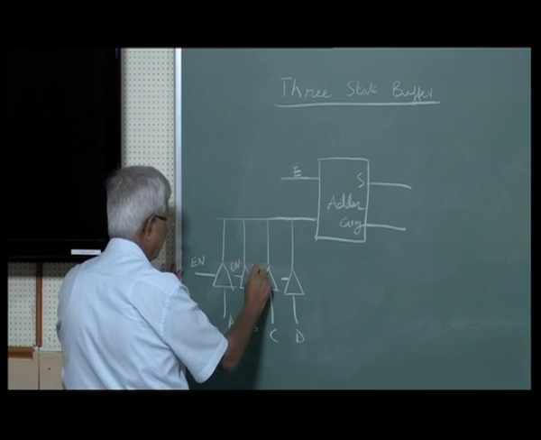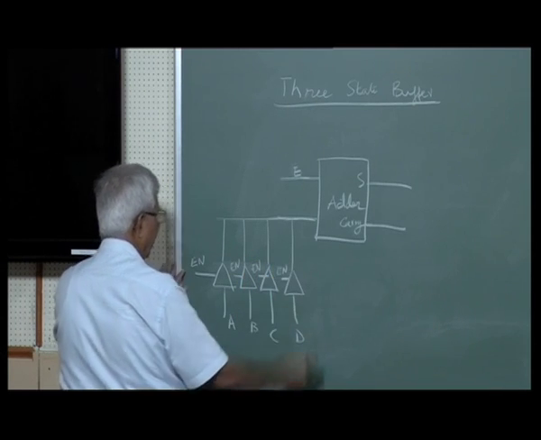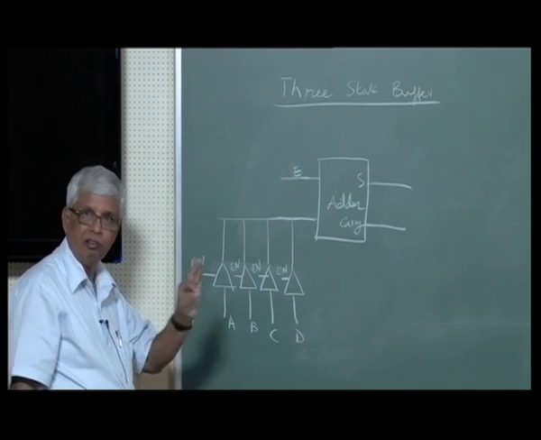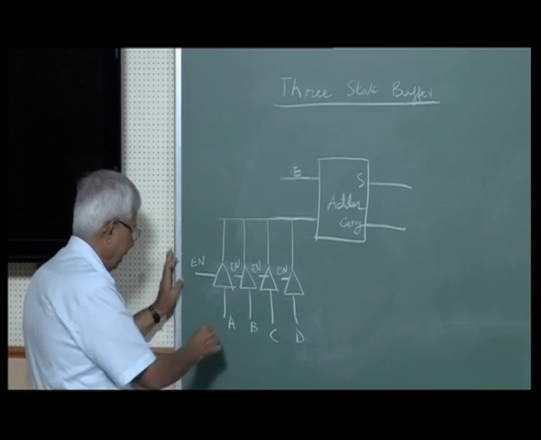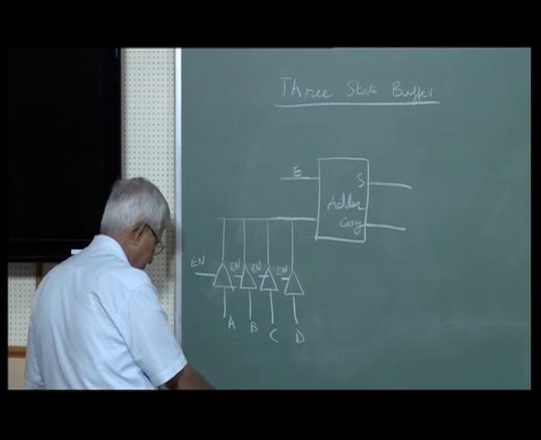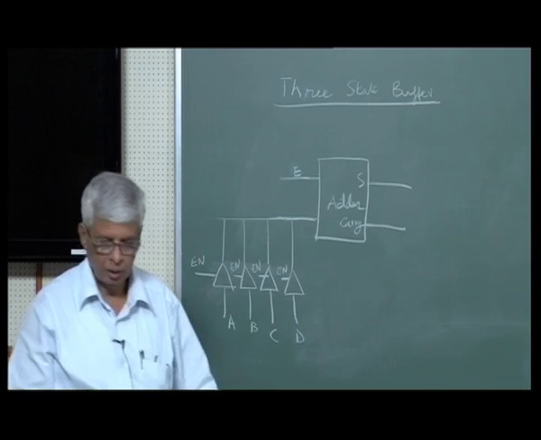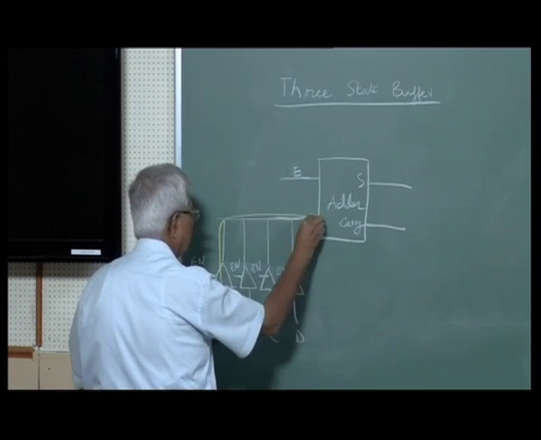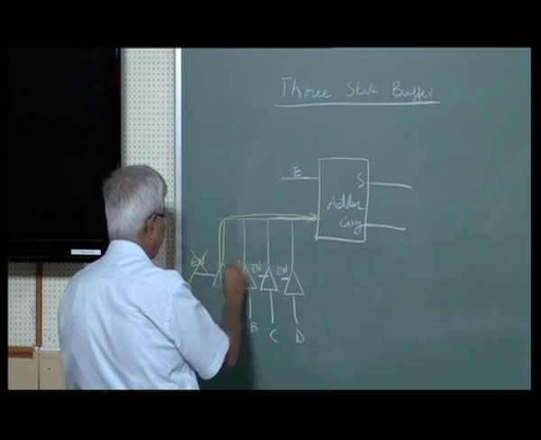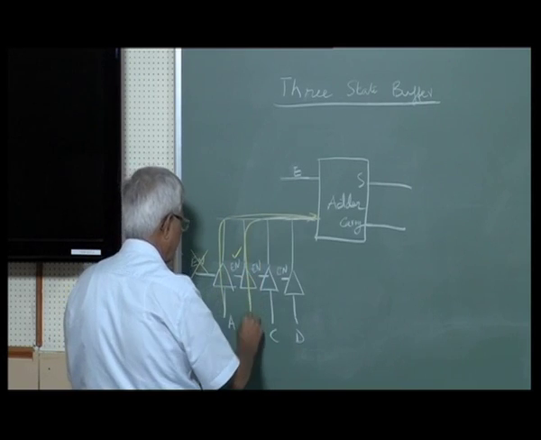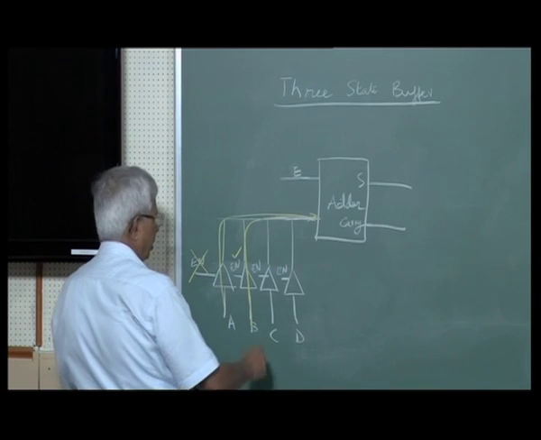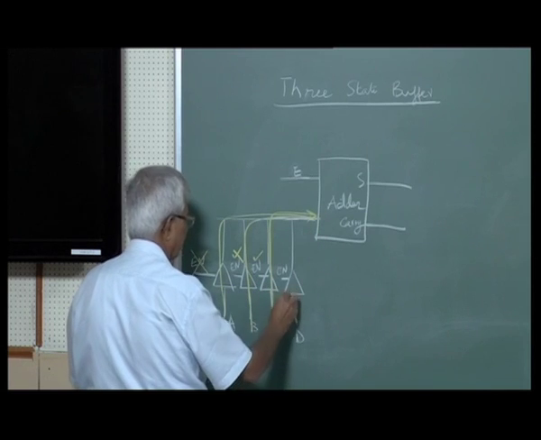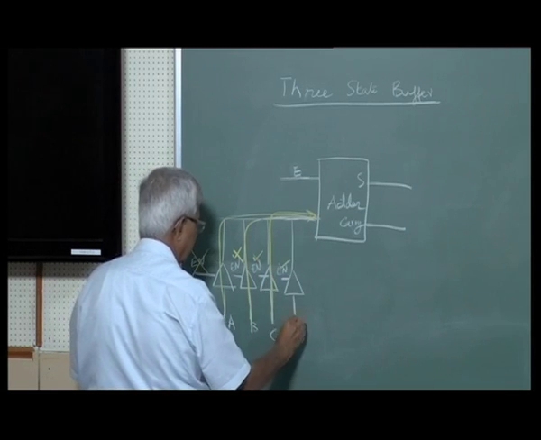Each of these 4 buffers will have an enable signal. If the enable signal is active, A gets into the bus. If this is not active and this is active, B gets into this bus. If this is not active, this is active, C gets into the bus. This is not active, this is active, D gets into the bus.